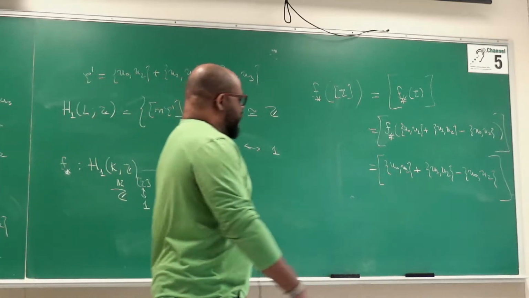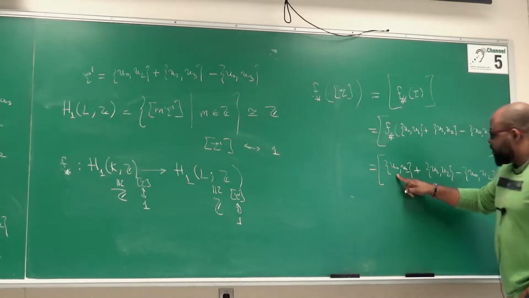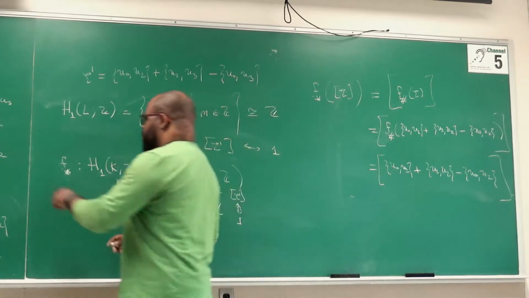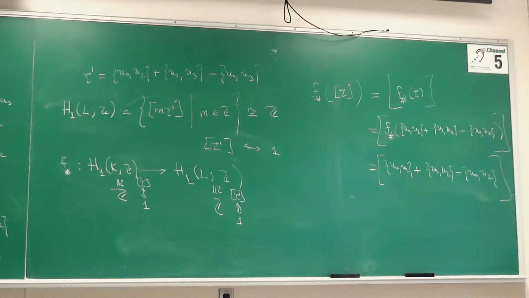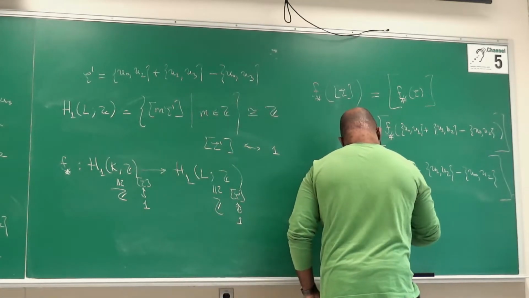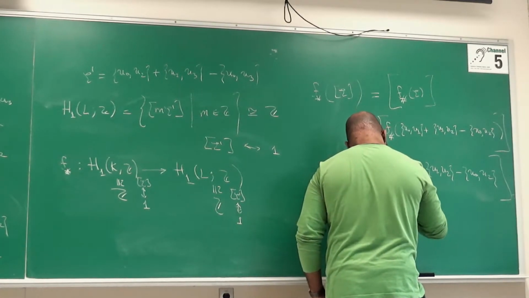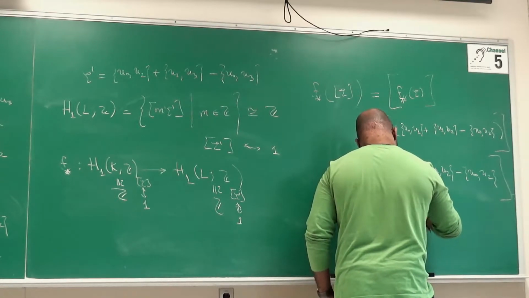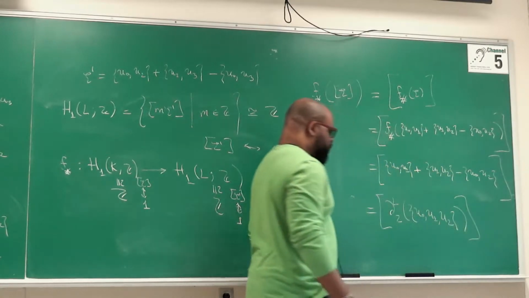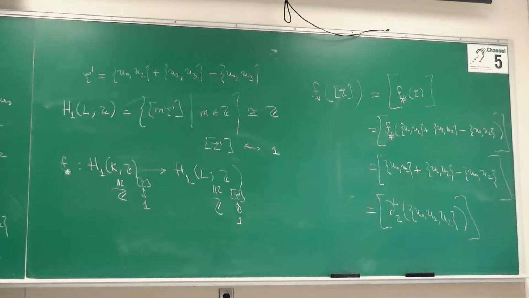Now the thing to realize is that this cycle, 0, 1, 1, 2, 0, 2, in L is the boundary of this simplex. So this is the boundary in L of 0, 1, 2.